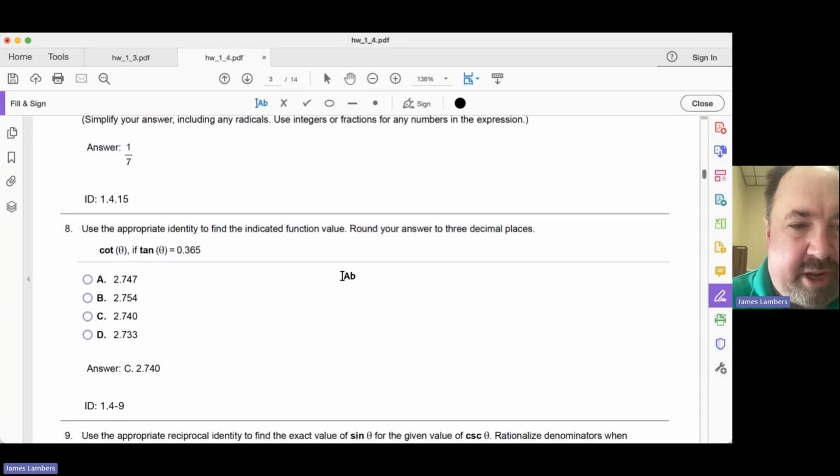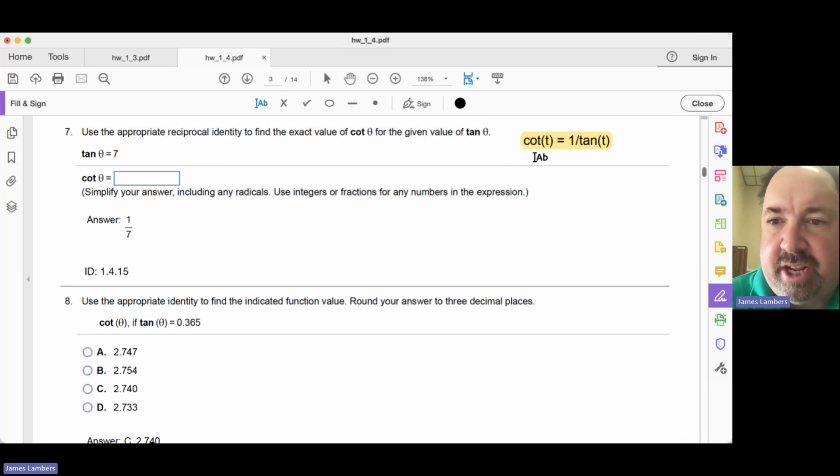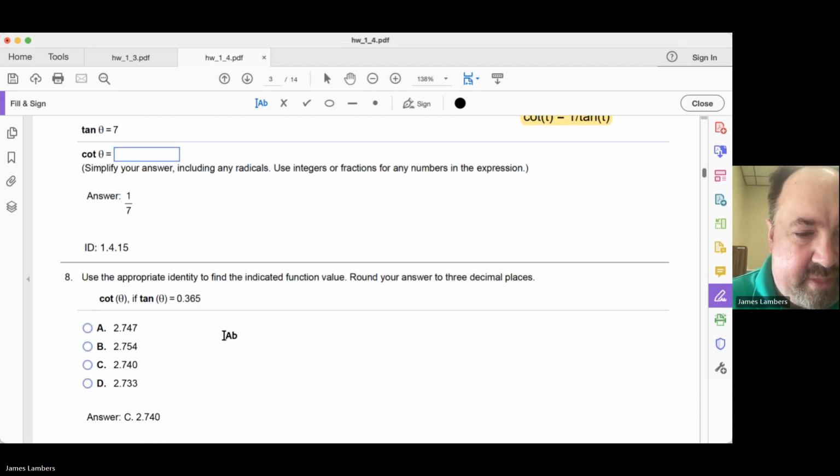That's useful again in this problem. Tangent theta is given to be 0.365, but as used here, cotangent is 1 over tangent. So you're just going to take 1 over this value. In this case, you'd have to use your calculator, and after taking a reciprocal and rounding to 3 decimal places, this is the value that you get.